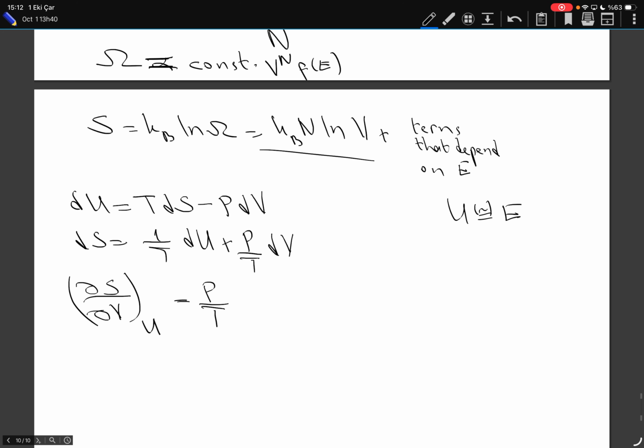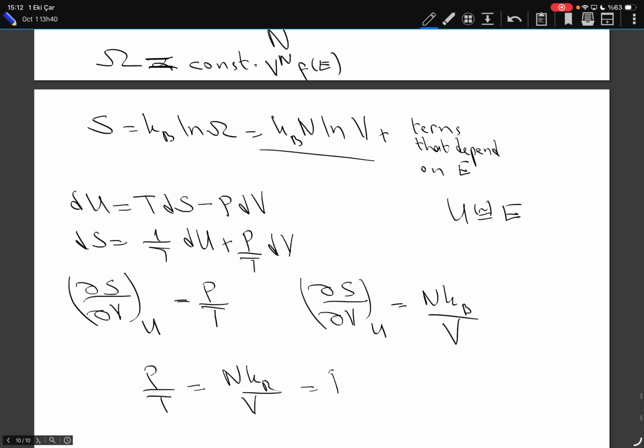I don't know how it depends on the energy yet, but I know the volume dependence, so I can take the derivative. dS over dV at constant energy is n times Boltzmann constant divided by V. So P over T is nk_B over V, so PV is equal to nkT.